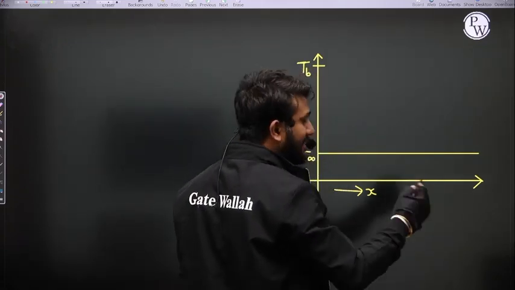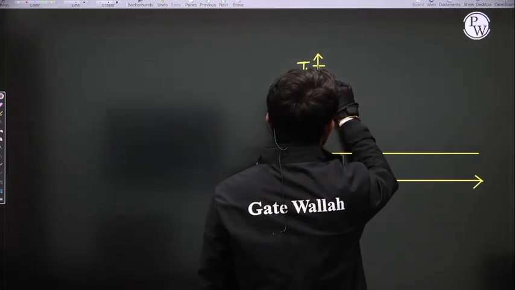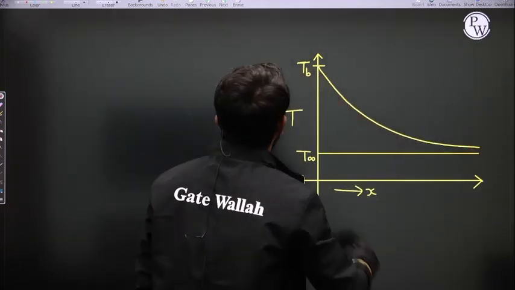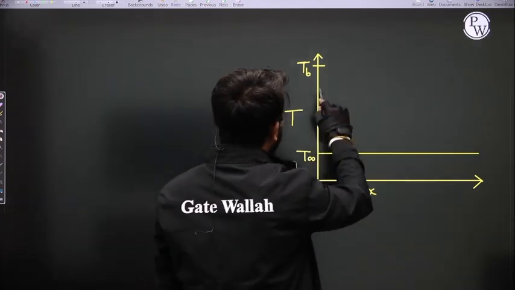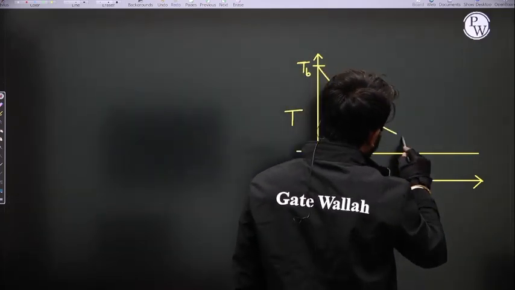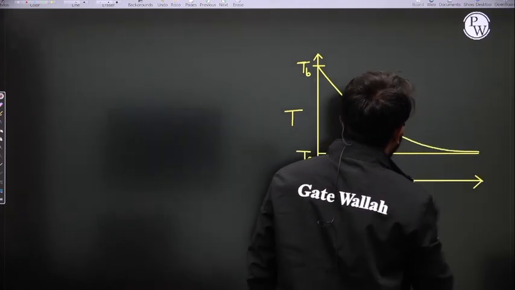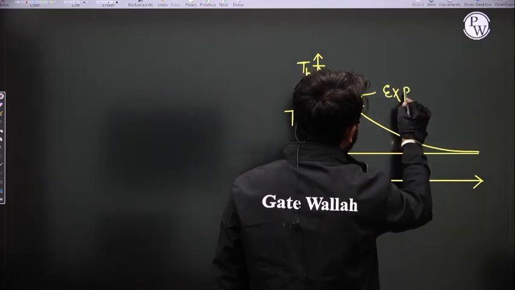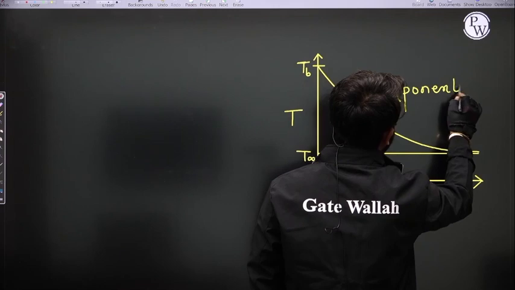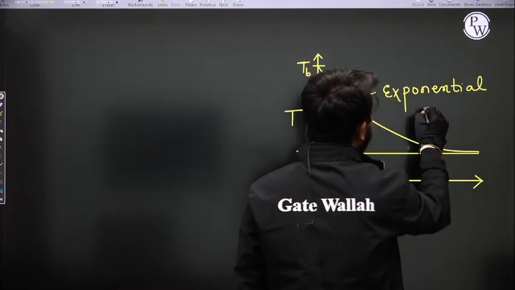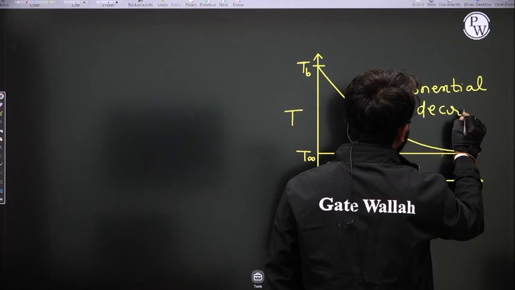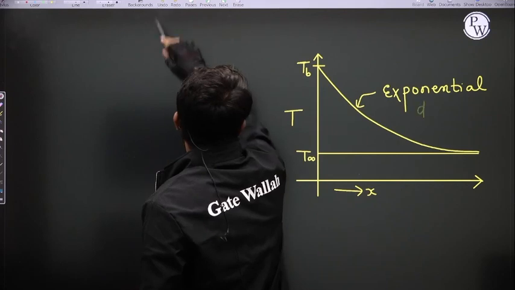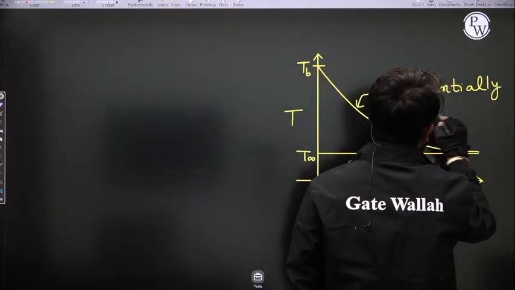And as x increases, the temperature decreases exponentially. So this is the exponential decrement of temperature.